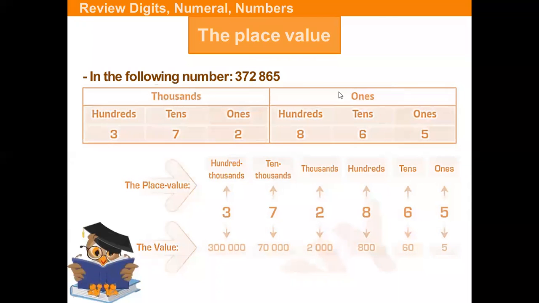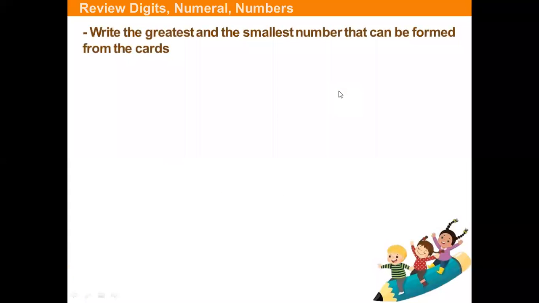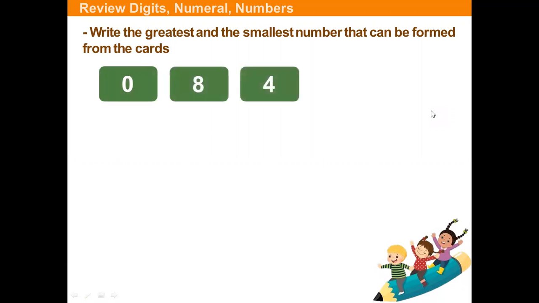Let's go. Okay, now we will create numbers. Right here, the greatest and the smallest number that we formed from the cards. We have cards here: we have a 0, 8, 4, 9, and 7.